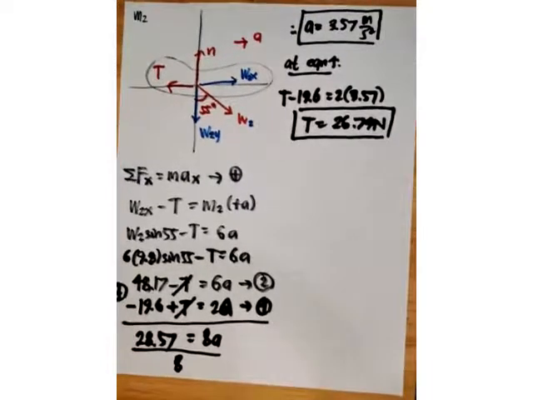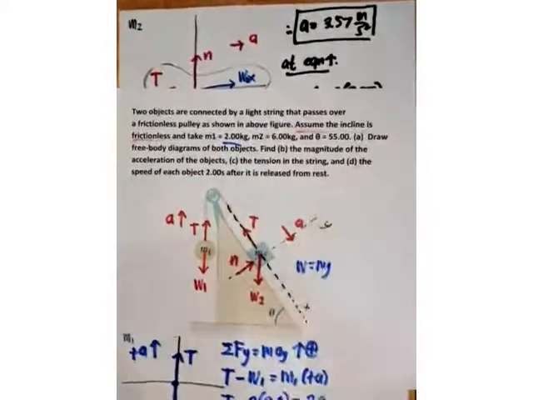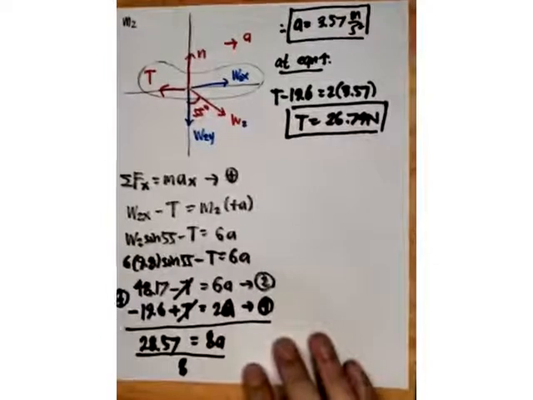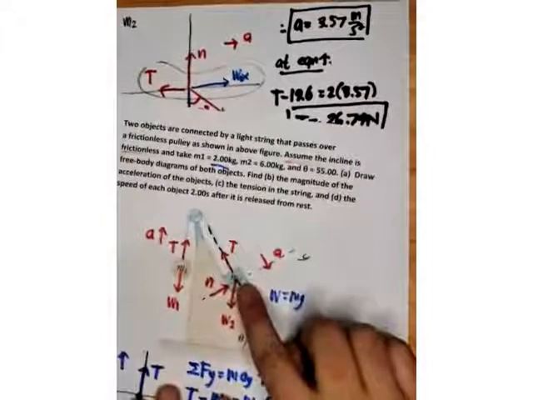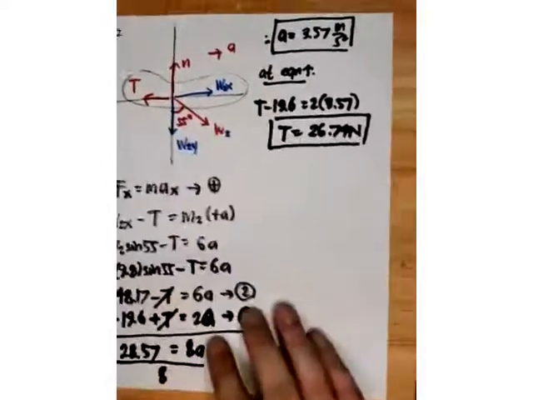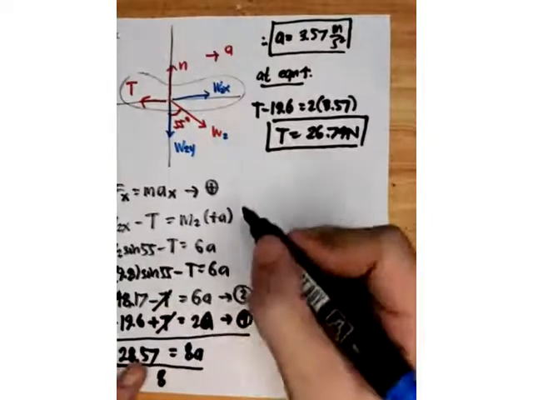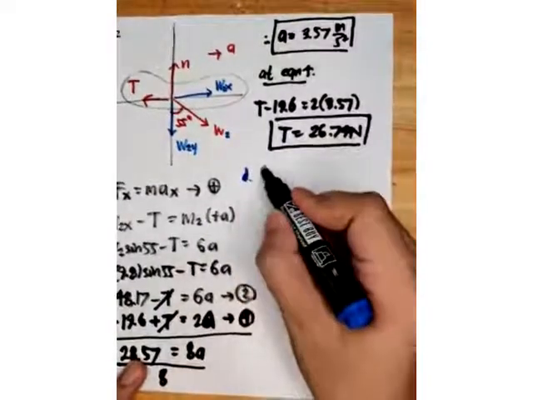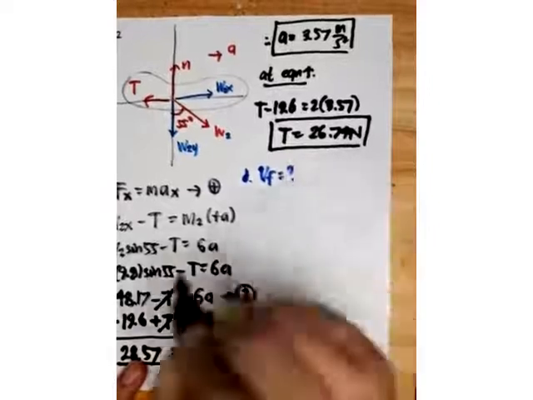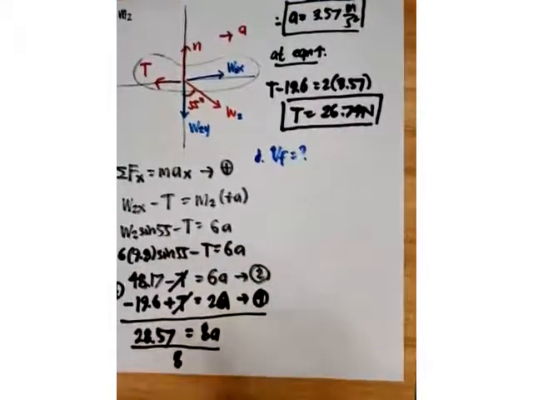Okay, next. The next question is the speed of each object 2 seconds after it is released from rest. Since they are connected, they have the same speed. For letter D, what is the final velocity, or the magnitude of the final velocity, which is the speed.